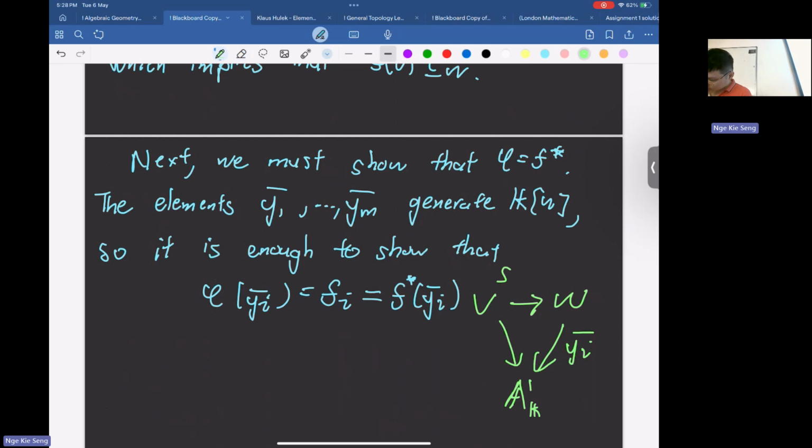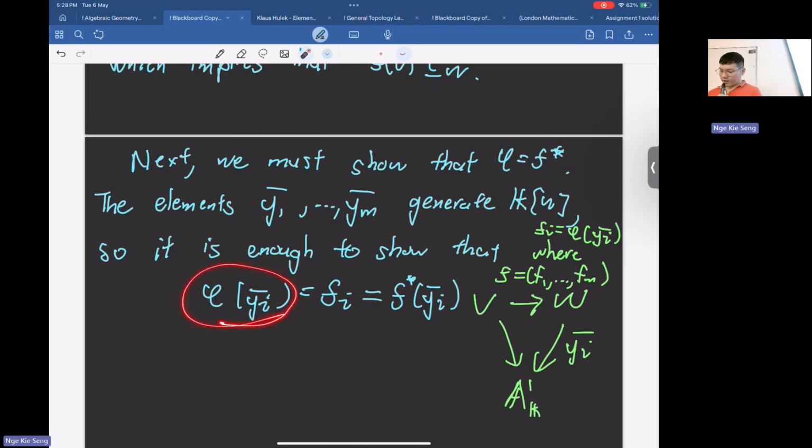Actually, we define this f to be f1 up to fm, where these fi are defined to be phi on yi. Okay, I think this is good. So what we're going to show is that phi of yi bar equals phi star of yi bar, using this fi here.